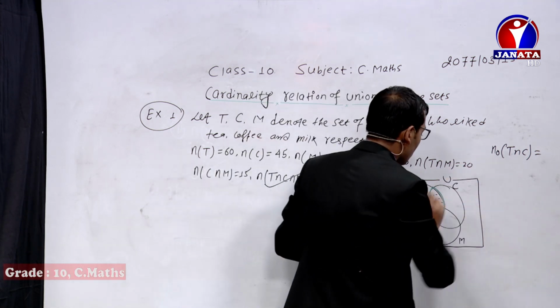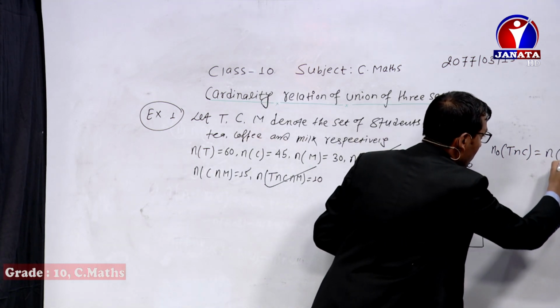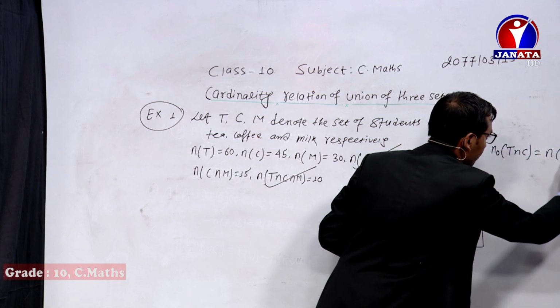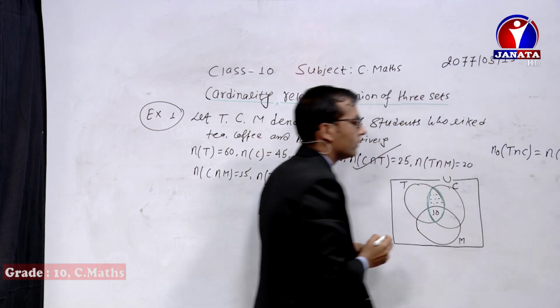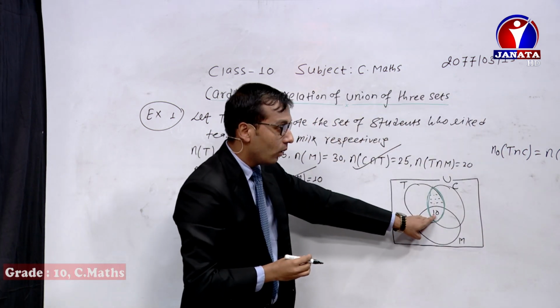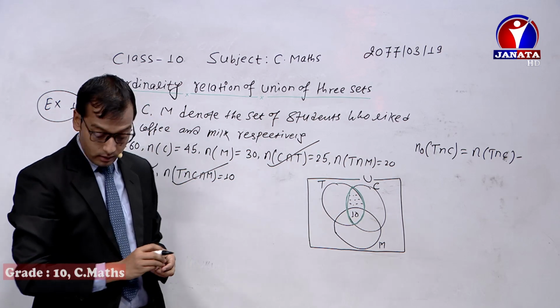So n only T intersection C is n of T intersection C minus the intersection of all 3 subsets.